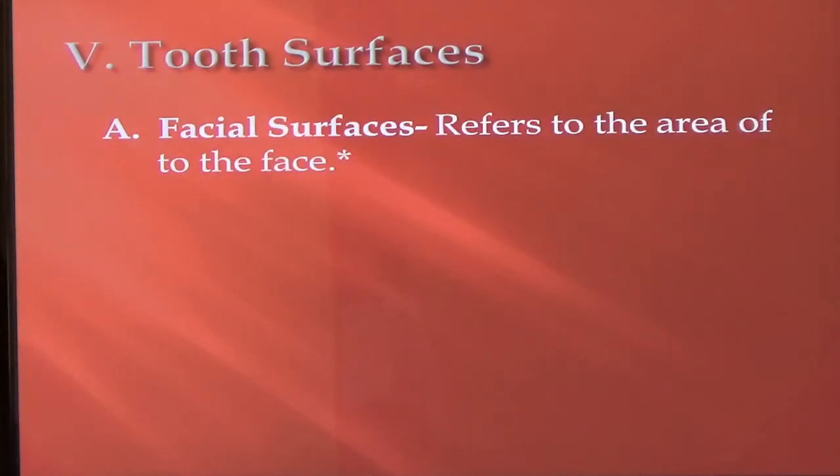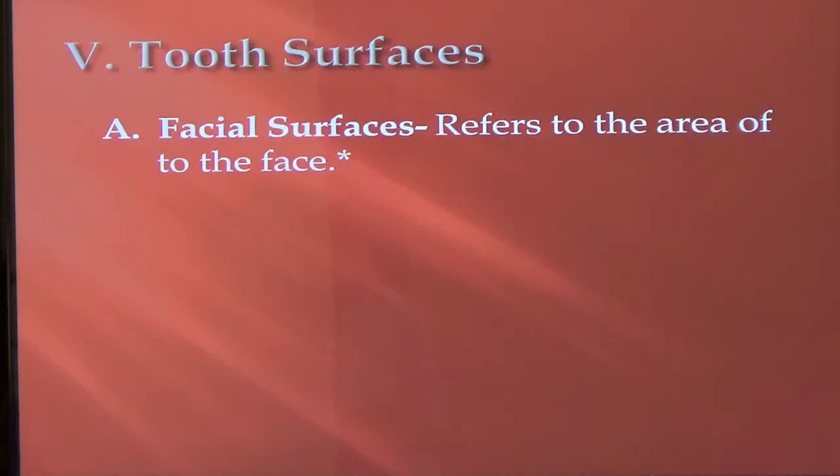Okay, tooth surfaces. I've kind of said these a little bit, and the more you hear it, the more it'll stick. But facial is the side of the tooth that's towards your face. So on your anterior teeth, the facial surface refers to the area towards the face.